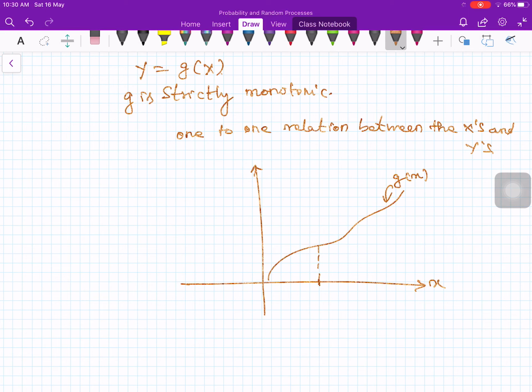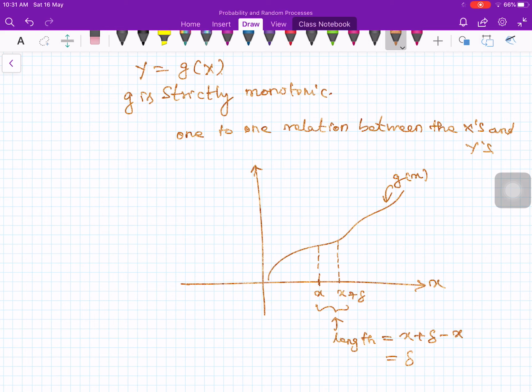Let me call this point x and take another point, x plus delta. So capital X ranges from a small x to a small x plus delta, a small interval of length x plus delta minus x, which is equal to delta.